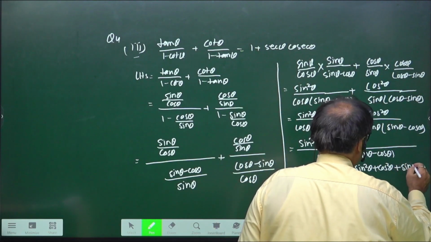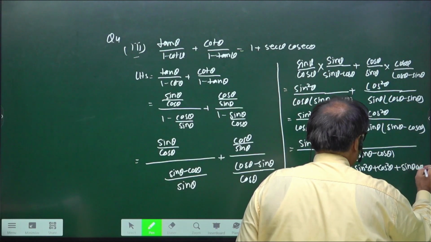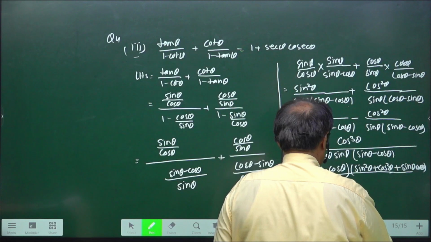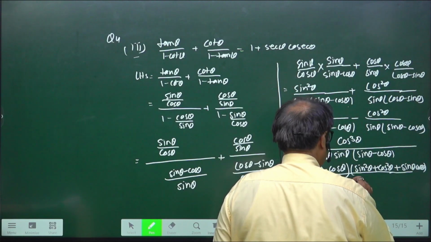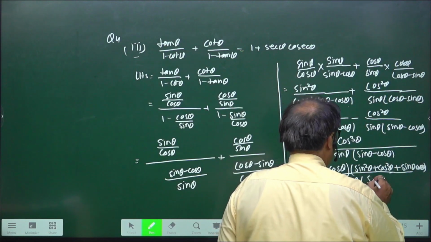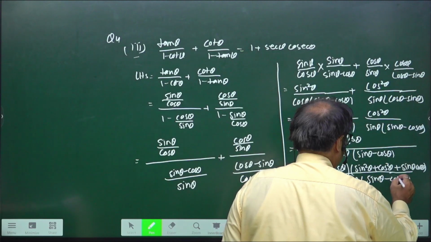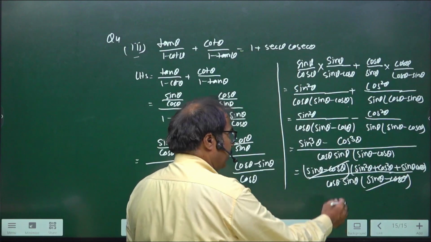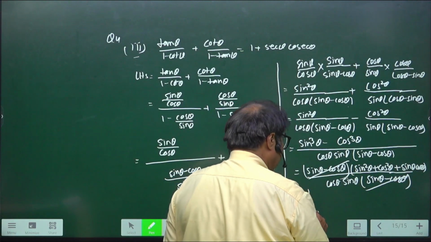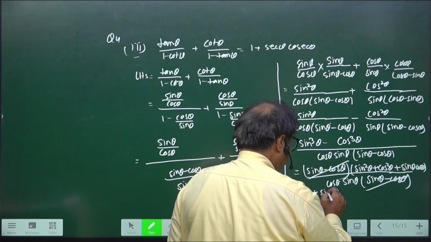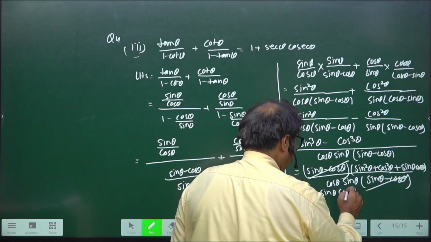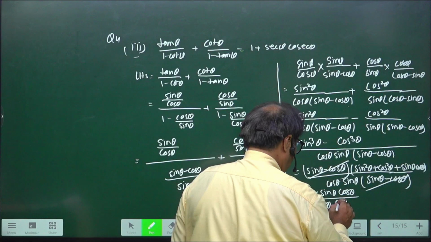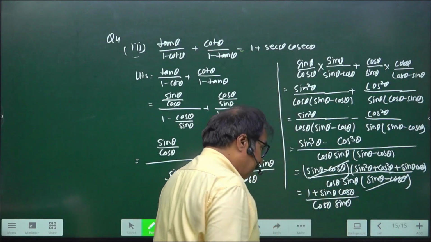So sin theta into cos theta divided by cos theta into sin theta and into sin theta minus cos theta. So this and this cancel out, and sin square theta plus cos square theta is 1. So 1 upon sin theta into cos theta divided by cos theta into sin theta.